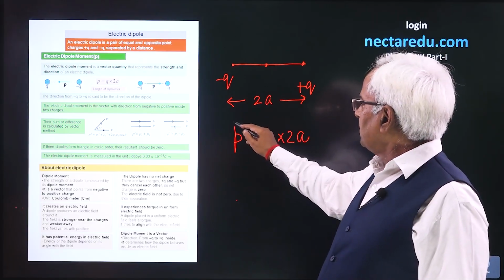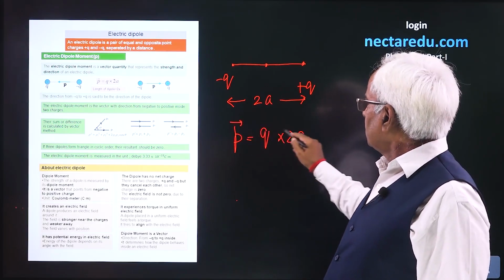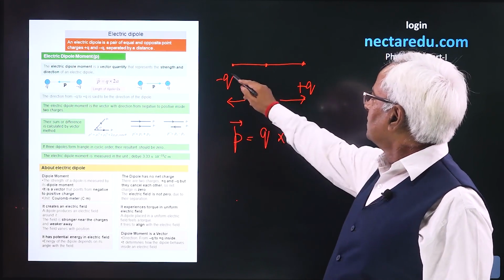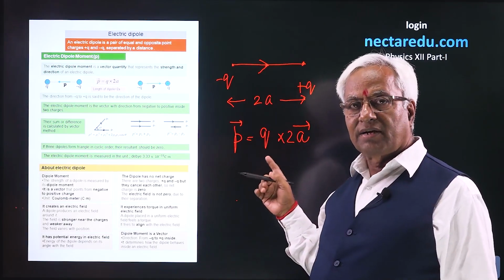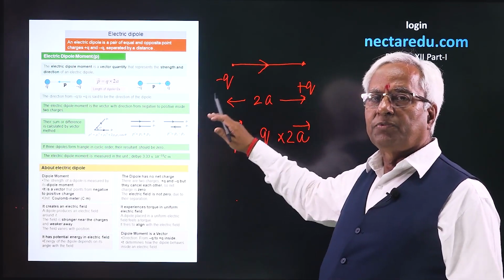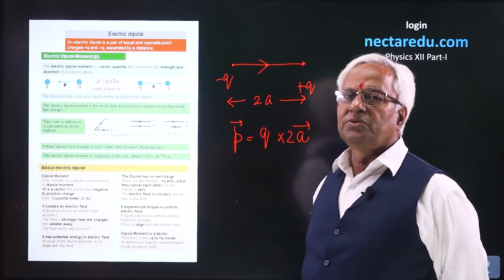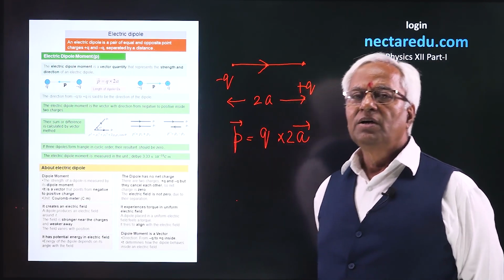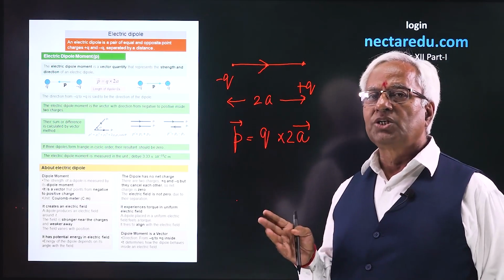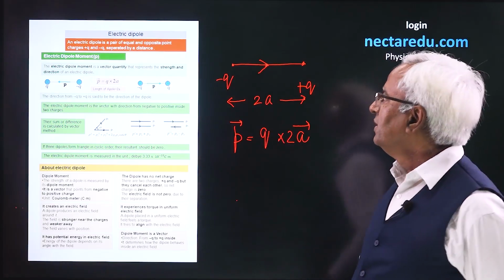If you consider it as a vector, then we'll consider this from left to right, here in this diagram, that is from negative to positive. So it's better to remember that the dipole moment is a vector having the direction always from minus to plus charge inside.